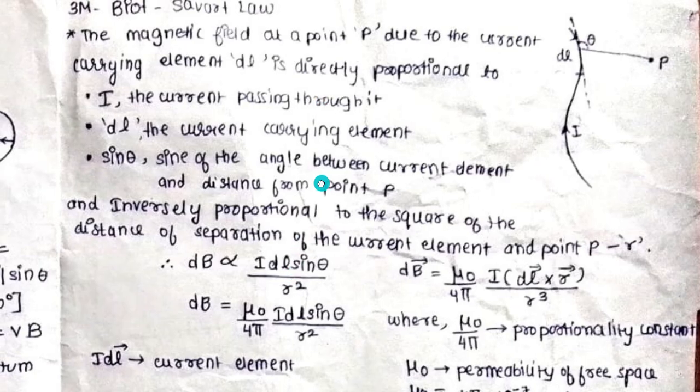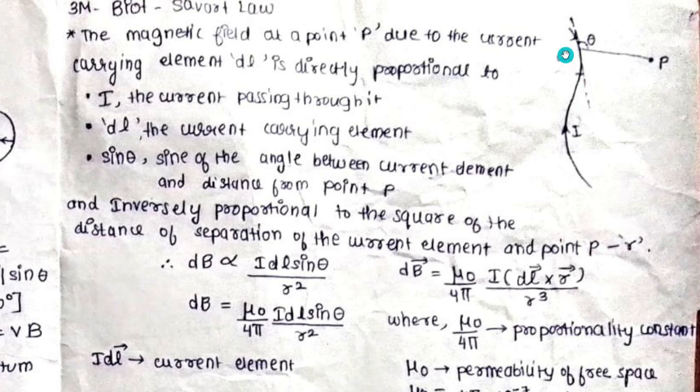Now, coming to the next thing. This is a very important three marker, that is Biot-Savart's law. The magnetic field at any point P due to the current carrying element dl is directly proportional to I, the current, dl, the current carrying element, and sine theta, which is the sine of the angle between the current element and the distance from the point P. And it is also inversely proportional to the square of the distance of separation of the current element.